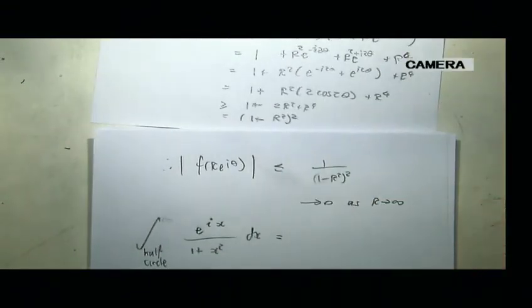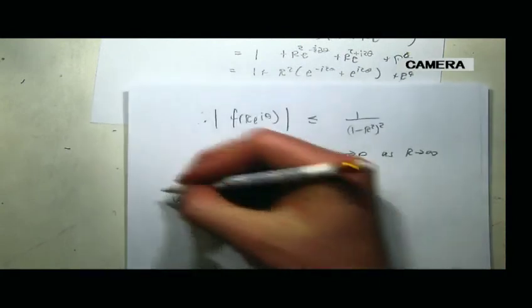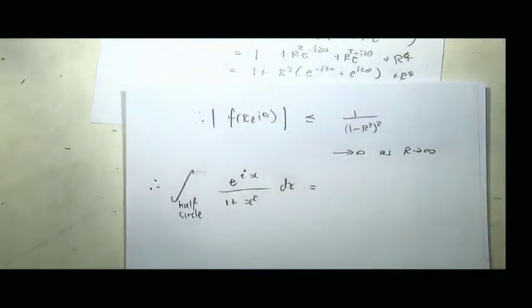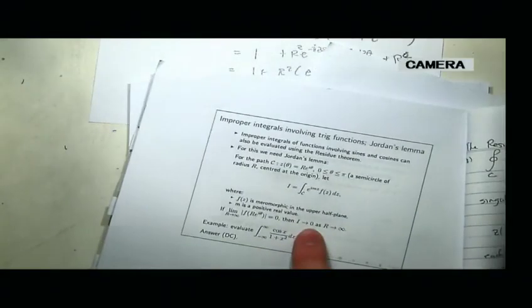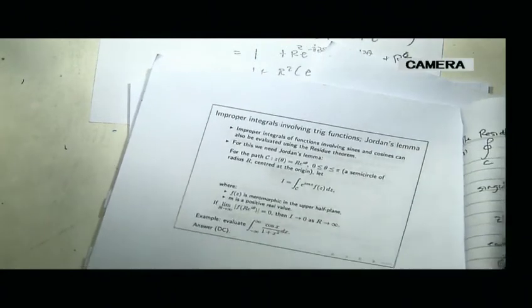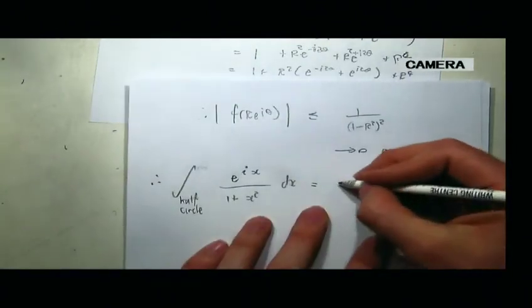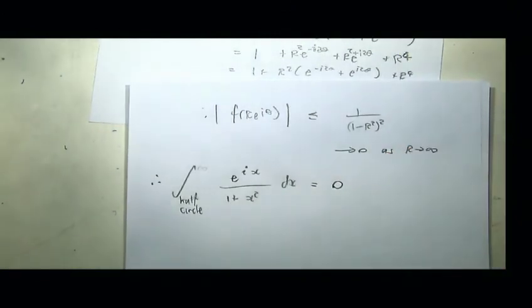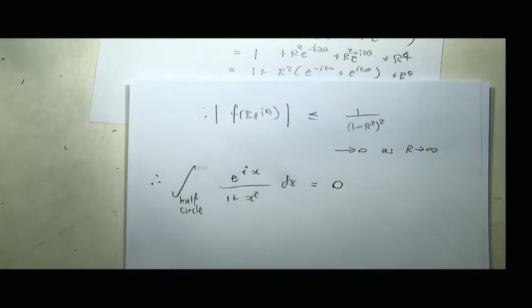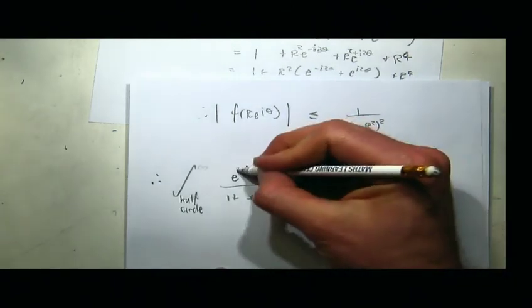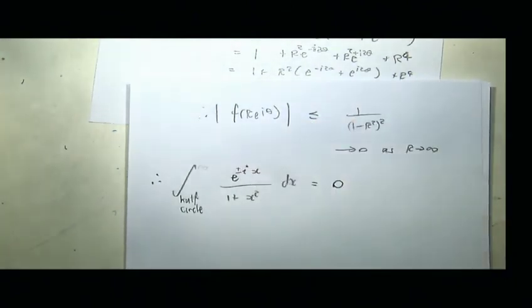It doesn't work unless it comes to 0. If it does come to 0, then Jordan's lemma says that the integral around the half circle comes to 0. That will be true of e to the minus ix as well. It doesn't matter which one. Any integer multiple of I will work.